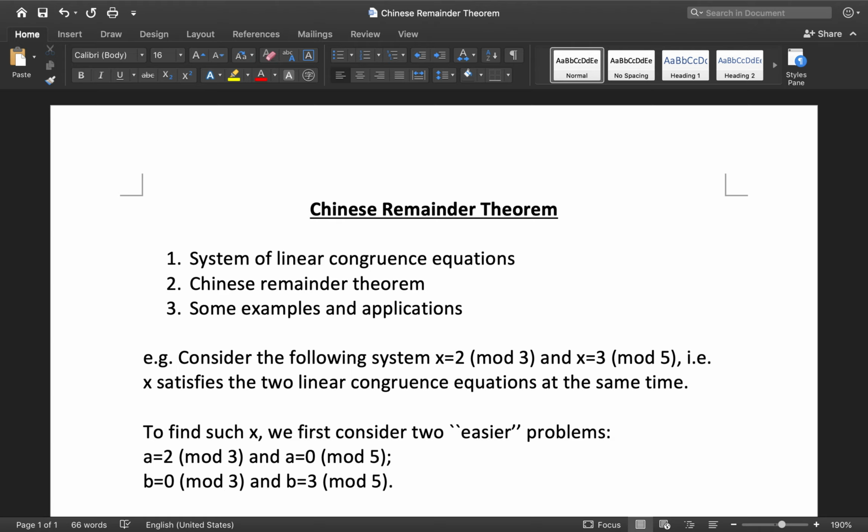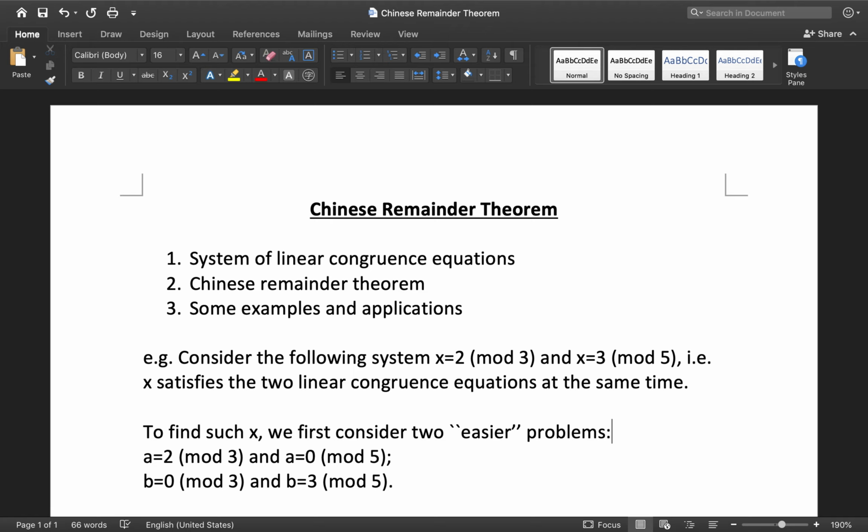On the other hand, we also have to solve another problem for the variable B. In this case, B has to be congruent to 0 modulo 3 and congruent to 3 modulo 5. So rather than solving for x, now we are solving for two variables, A and B.